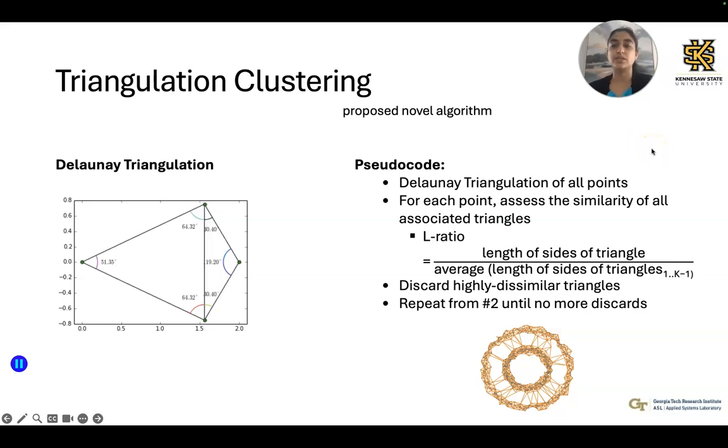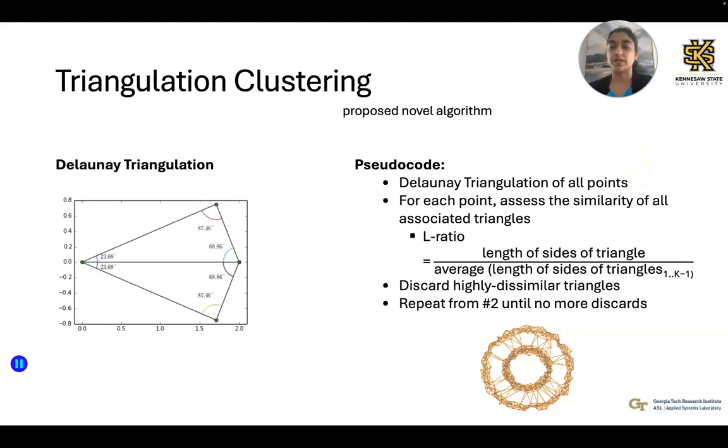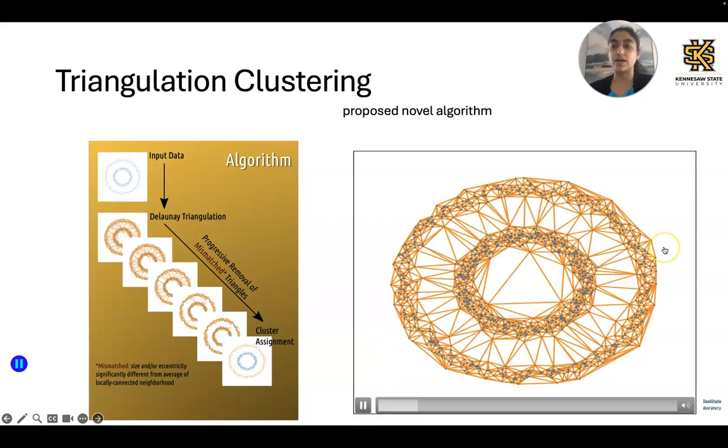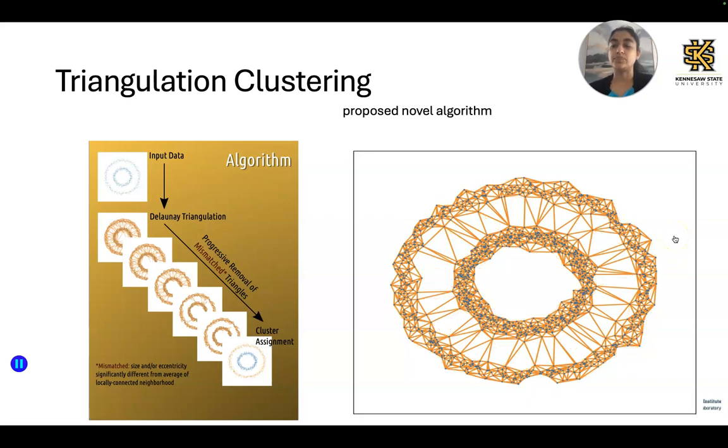First we do Lugnet triangulation of all points, and for each point we assess the similarity of all the associated triangles using the L ratio, the length of the sides of a triangle to the overall average length of the sides of the triangles. And we discard any highly dissimilar triangles and repeat this. So here you can see the progression of removal of mismatched triangles, and there is a video of our algorithm, how it forms these triangles and discards the dissimilar triangles to form the clusters.